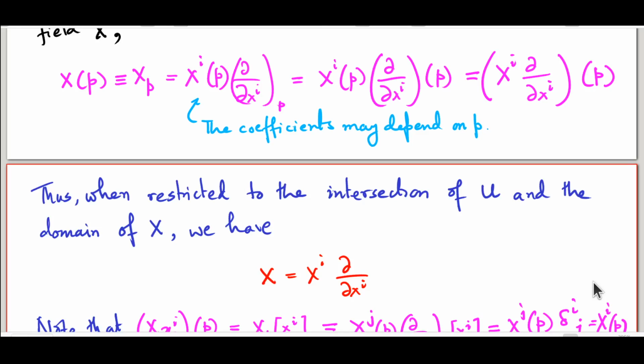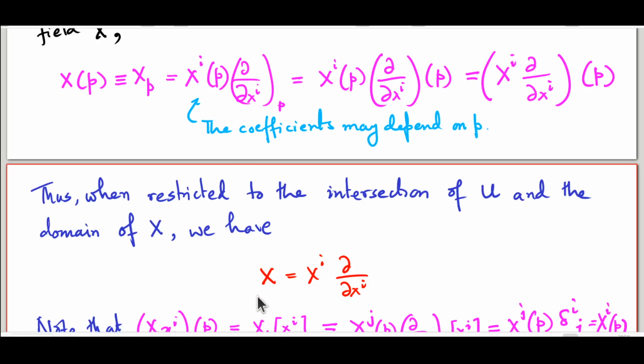Now, there is a very easy way to figure out what these coefficient functions Xi are. Note the distinction between tangent vectors and vector fields. For a tangent vector Xp, you expand that out in terms of coefficients which are actually real numbers times basis vectors.